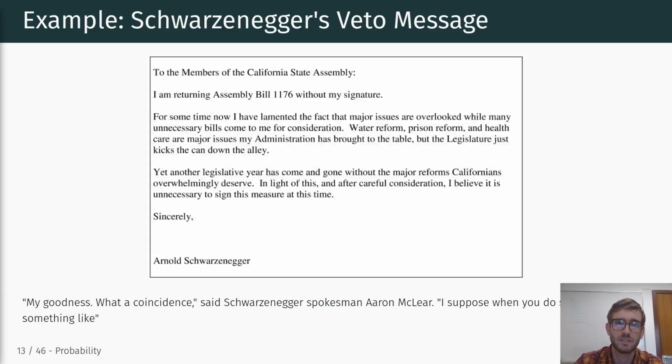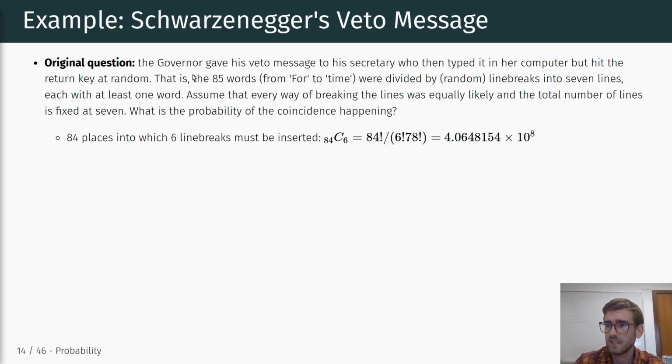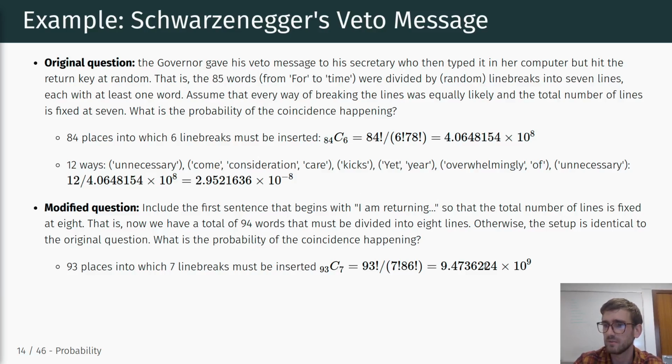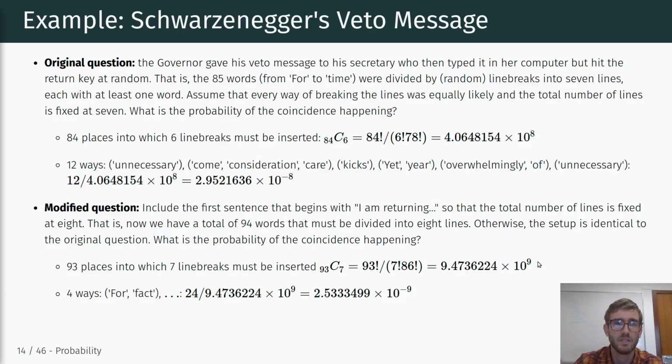Basically we're including this sentence as well, and that of course increases the total number of possible arrangements, but it also increases the number of arrangements that result in the pattern by multiplying them by 2, because we can either start the first line with "for" or "fact", and then we have 24 divided by 9.5 times 10 to the power of 9, so an even smaller probability, right?